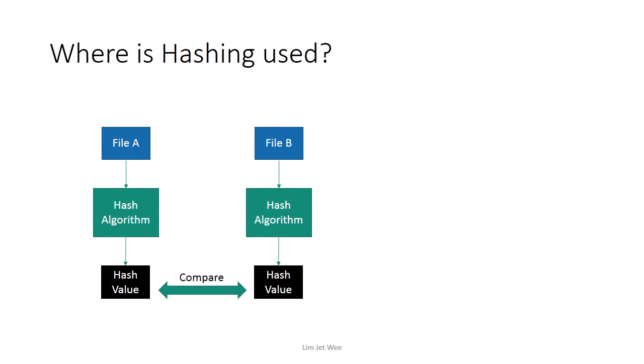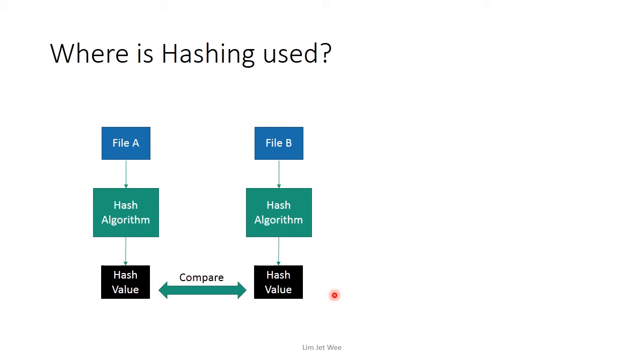Another common use of hashing is comparing files or data, especially if the files or data could contain very small differences that are probably very difficult to detect. What can be done is both files go through the same hashing algorithm, each producing its own hash value.